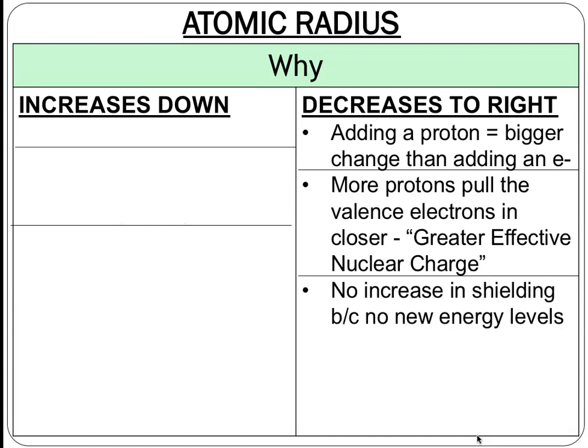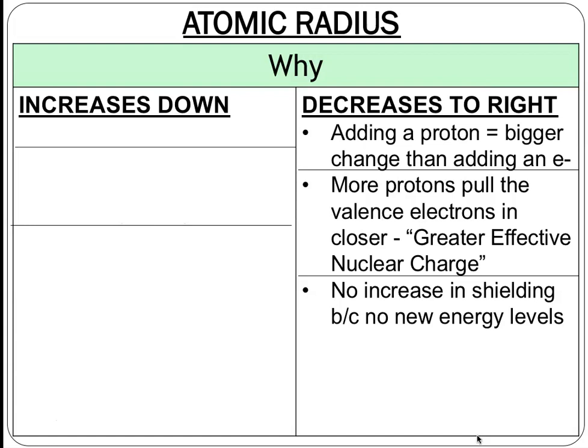Now, there's not really an increase in shielding, because when you go left to right, as we saw with our example of magnesium to aluminum in the same period of the periodic table, you're not adding any inner core electrons. There's no new energy levels. So you're adding electrons to the valence shell at the same time you're adding protons to the nucleus.